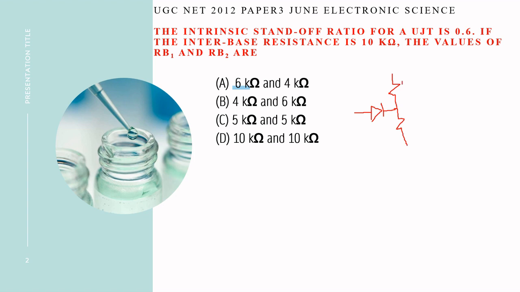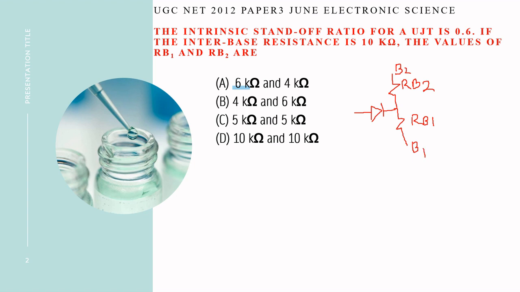This resistance value is RB2 and this resistance value is RB1. This is the base 2 terminal and this is the base 1 terminal.